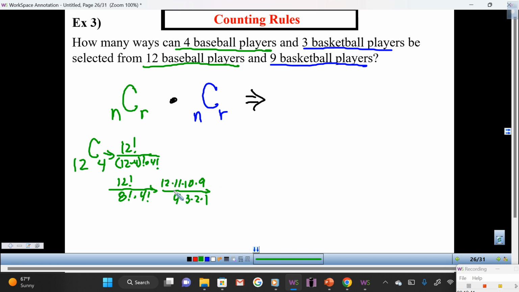Is everybody following up to right there? If you don't see it, once again, you need to write out 12 times 11 times 10 times 9 times 8 all the way to 1, and then the 8 all the way to 1, and all 8, 7, 6, 5, 4, 3, 2, 1, they become giant ones. And then again, you write 4, 3, 2, 1. So this is, let's see, 99 times 12.